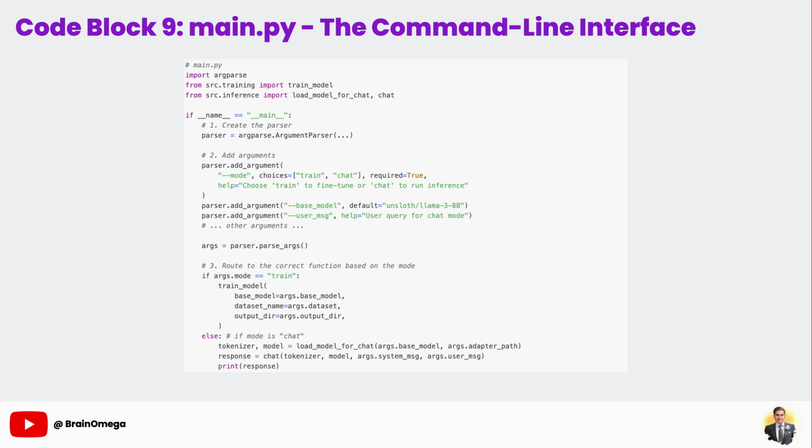If the user ran it with --mode chat, we call our load model for chat and chat functions from inference.py, passing in the user's message to generate and print a response. This simple, clean structure allows us to manage both training and inference from a single, easy-to-use command.